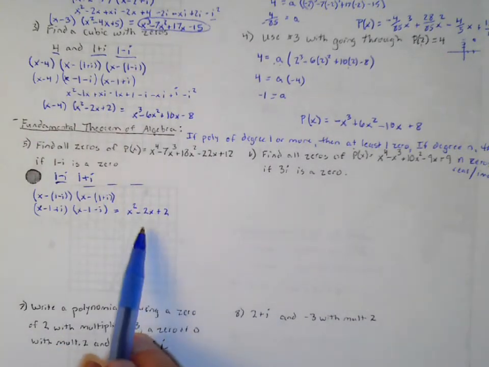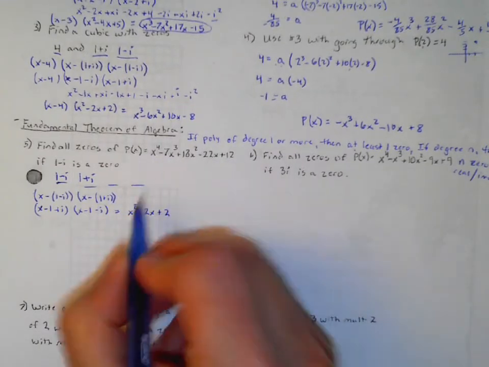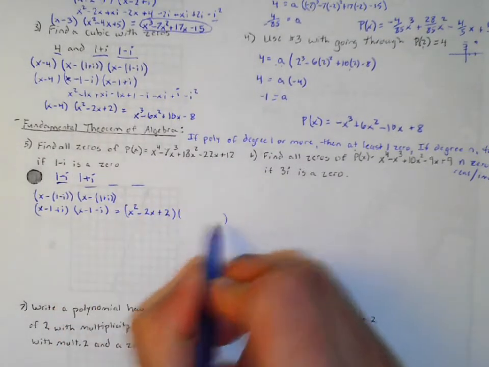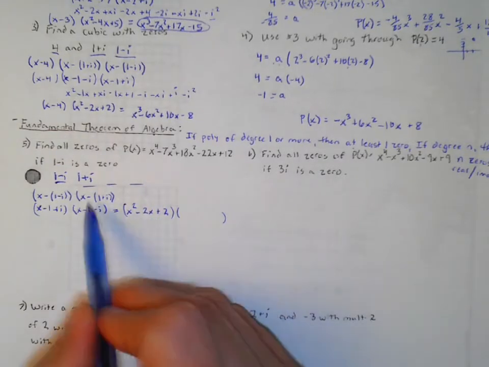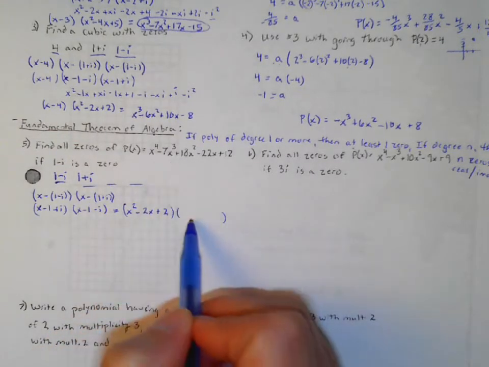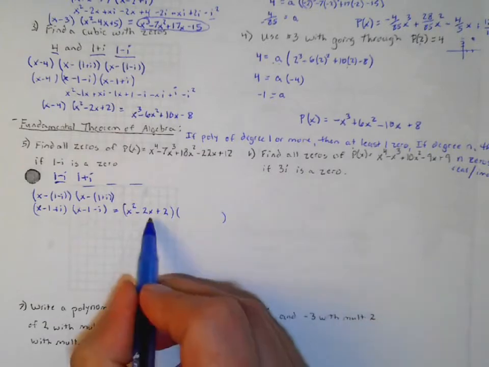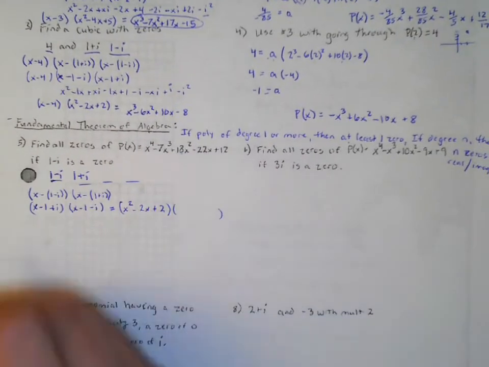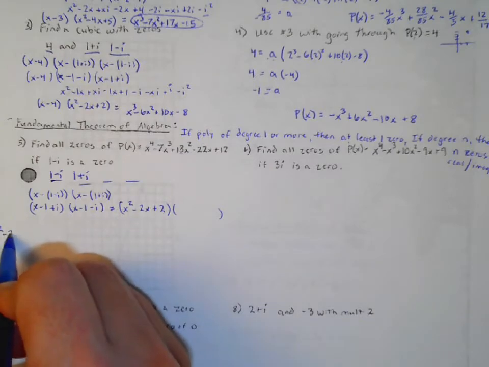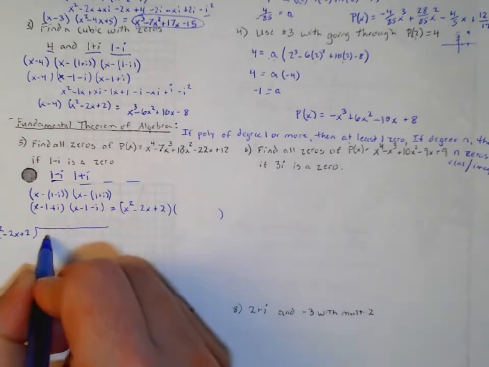Okay, so we know that this whole thing is going to be this times something else, since these are factors of that. So we want to find out what this other thing is, and then we can solve this to get the solution. So let's divide it out. If I take this divided by this, we can't use synthetic, we have to use long division.